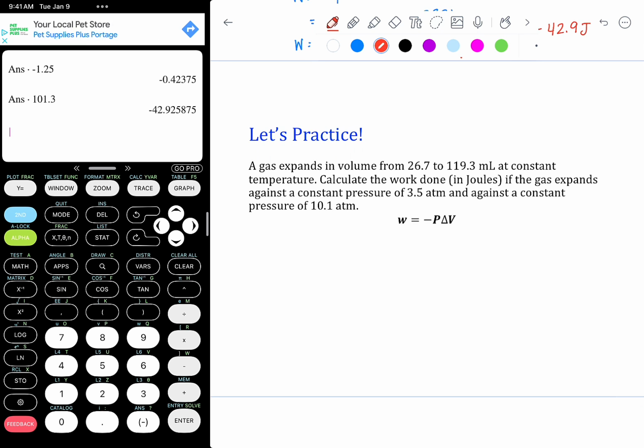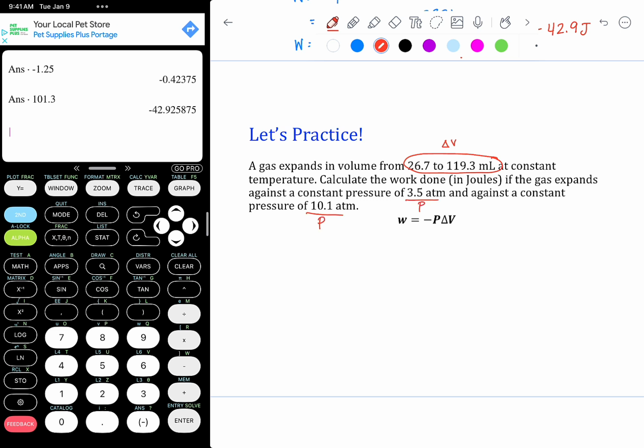Try this one independently. A gas expands in volume from 26.7 to 119.3 milliliters at constant temperature. Calculate the work done in joules if the gas expands against a constant pressure of 3.5 atm and against a constant pressure of 10.1 atm. So what we're doing in this problem is taking this volume change and looking at it compared to two different P values.